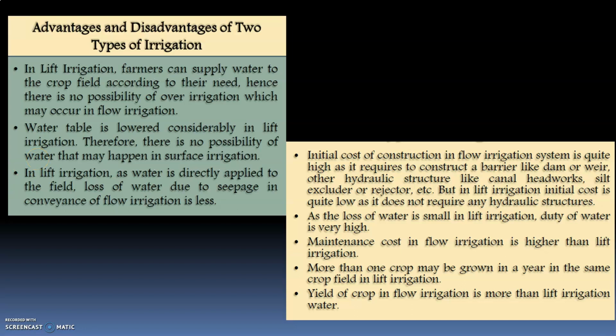Another point is that the initial cost of construction in a flow irrigation system is quite high, as it requires constructing a barrier like a dam or weir and other hydraulic structures like canal headworks, silt excluder or ejector, etc. But in lift irrigation, the initial cost is quite low as it does not require any hydraulic structures, because here the water is directly supplied to the agricultural land.